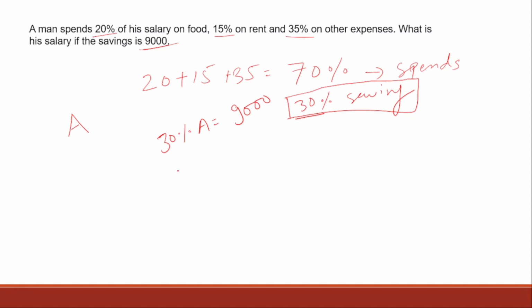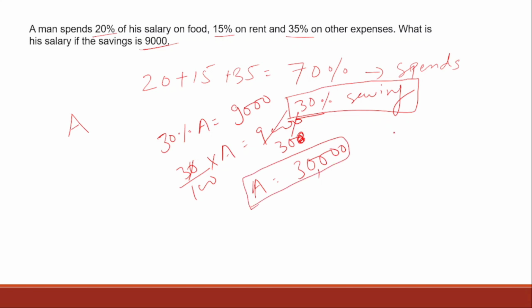We have to find out the 100%. So 30 by 100 into A equals 9,000. This will cancel out and it becomes 300, and then A equals 30,000. So this is the answer.